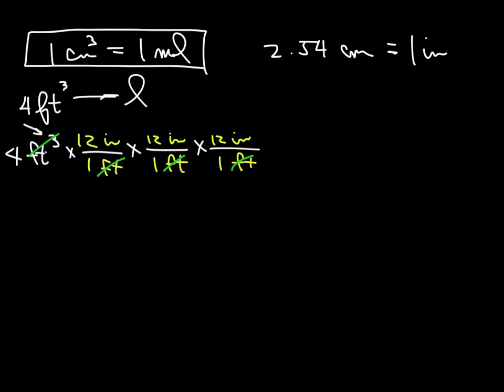Inches is not what I'm looking for, so I'm going to keep going, and because I'm dealing with cubics still, I'm going to have to do this 3 more times.